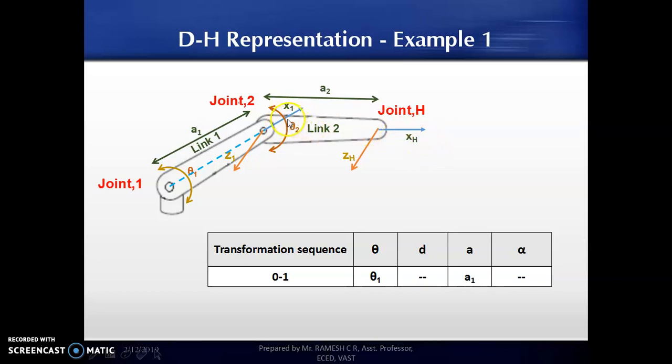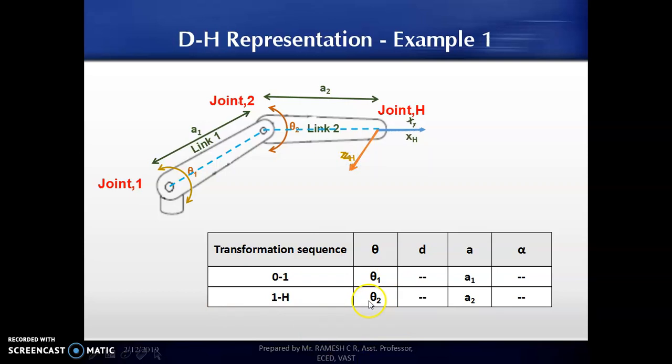So I align x1 with respect to z by rotating by an angle of theta 2. Now I can see that x1 and xh have been aligned. Now I need to bring the z1 x1 frame to zh xh, so I translate by a linear distance of a2, which is my link length. At the end of this, both the x1 z1 and xh zh frames are aligned with respect to origin as well as the x and z axes.